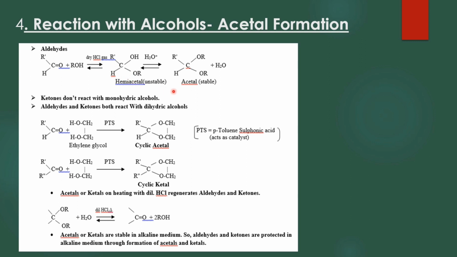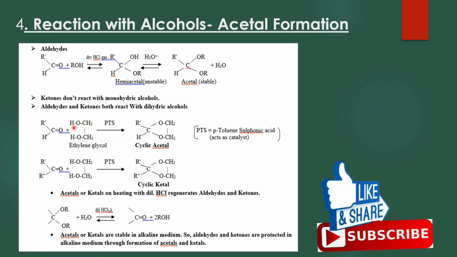In the second step, these hemiacetals react with one more molecule of alcohol to produce stable acetal. Ketones do not react with monohydric alcohol, but both aldehydes and ketones react with dihydric alcohols.